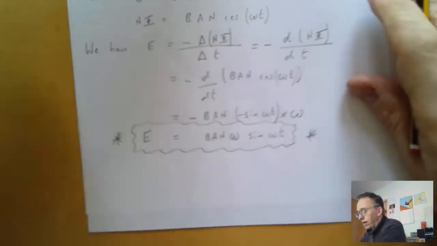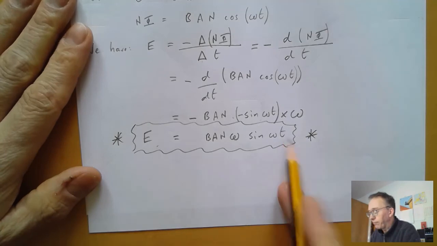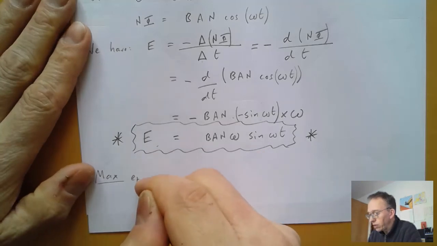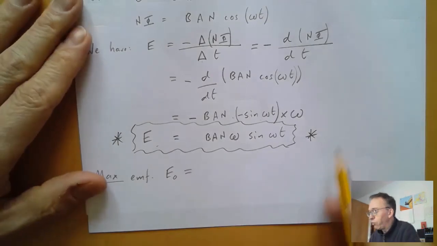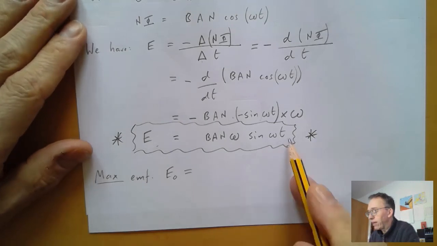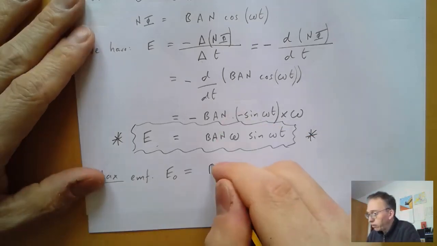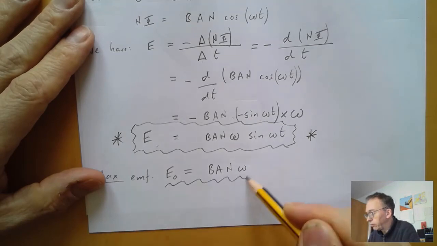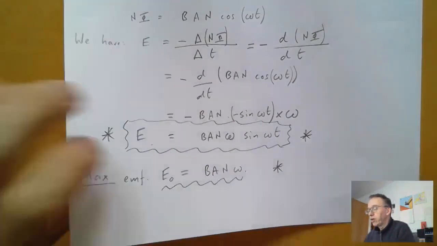Incidentally, we should take one more thing out of that, which is that's E at any time t, but if we wanted to calculate the maximum EMF, which we could denote as E0, E0 will occur when the sine function maximizes, which is to say at some value of t it will take a value of 1, and then the maximum EMF will be just BAN omega, or BANU. Okay, and we need to know that as well.